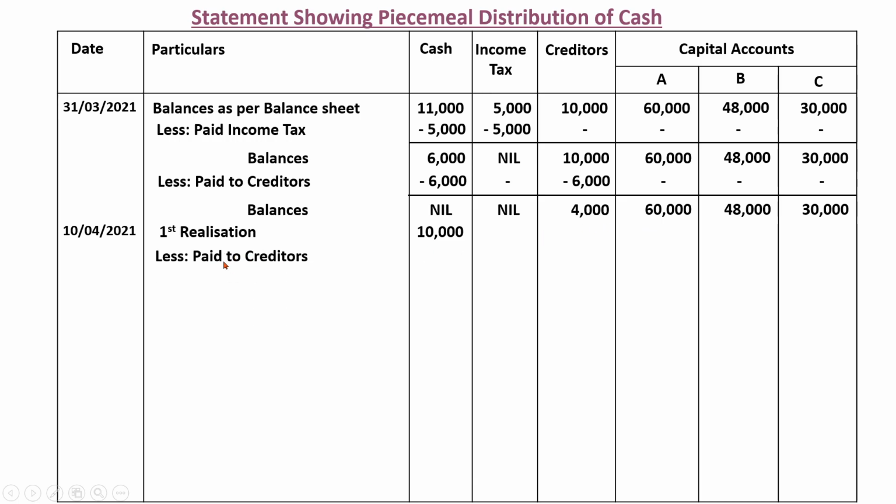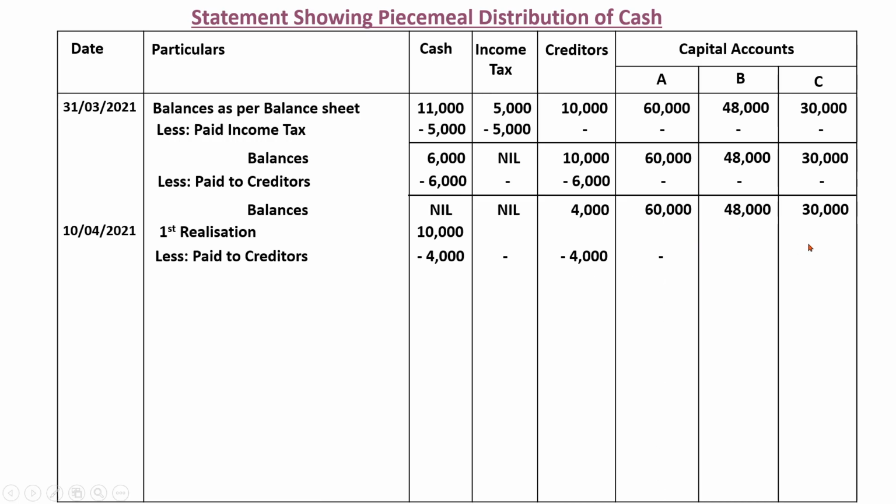So in particular column, less paid to creditors, out of 10,000 we are going to make payment of rupees 4,000 only. Okay, so here 10,000 minus 4,000. In income tax column, we are not going to pay income tax because it is already paid off, and in creditors column we are going to pay rupees 4,000. Okay, so we need to subtract this 4,000 from cash column and from creditors column simultaneously, because we are going to make payment to creditors.